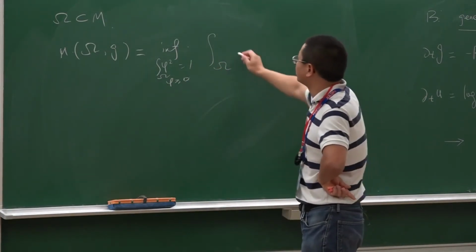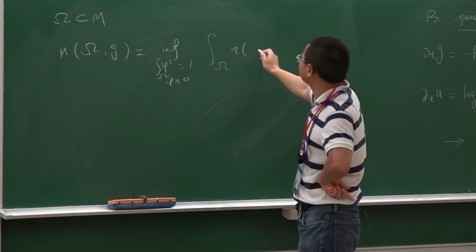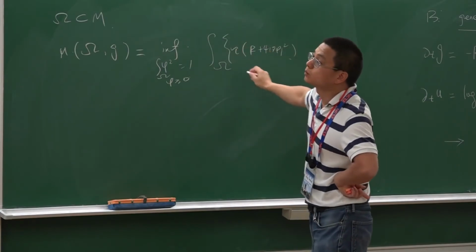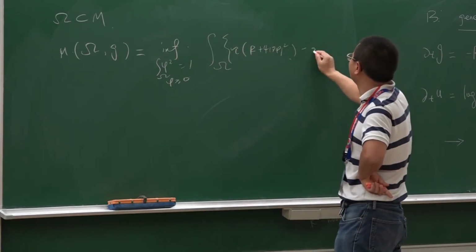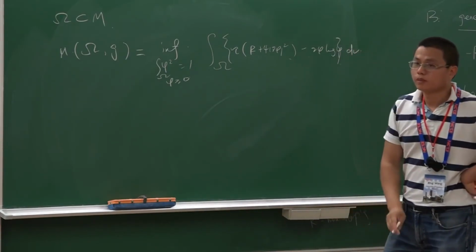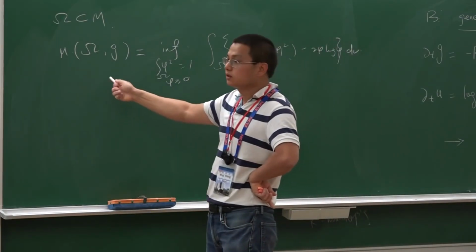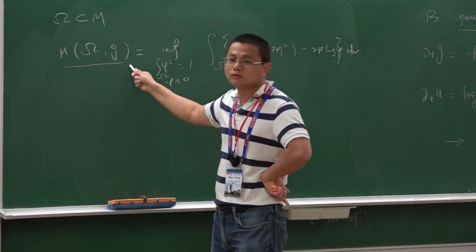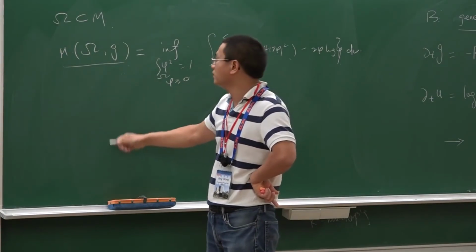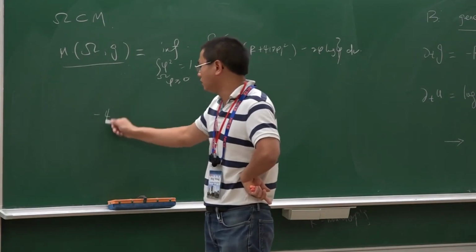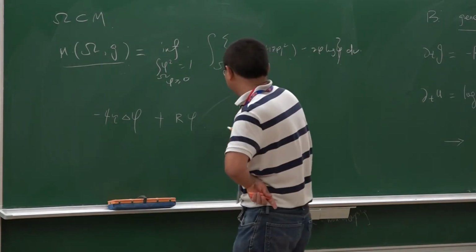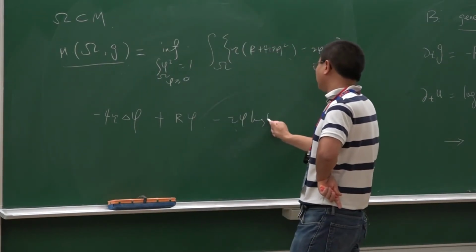I replace the support set from M to omega. The good thing is, it's known in the literature of logarithmic Sobolev inequalities that the minimizer always exists. And then you have this Euler-Lagrange equation.